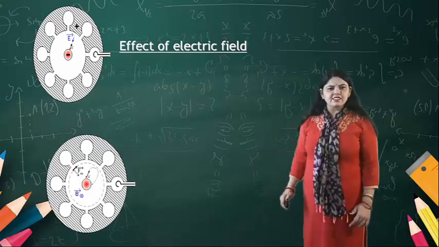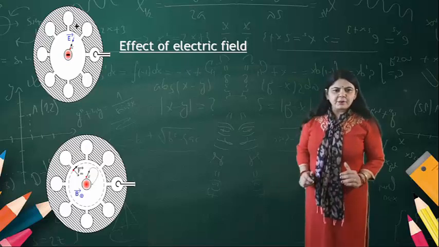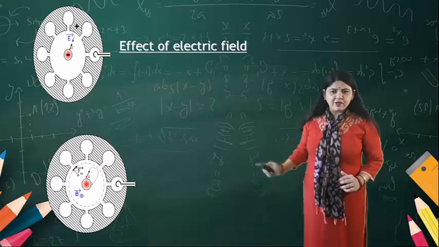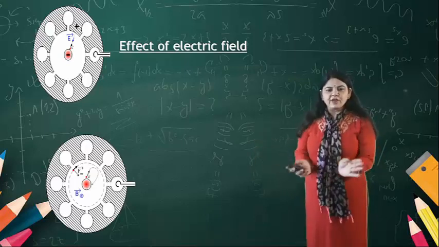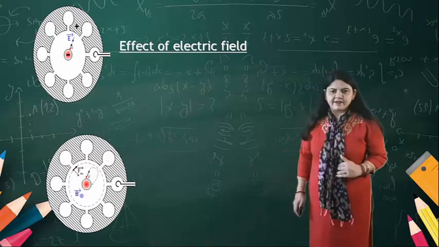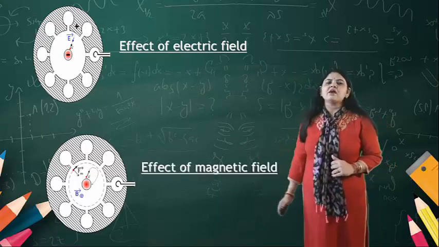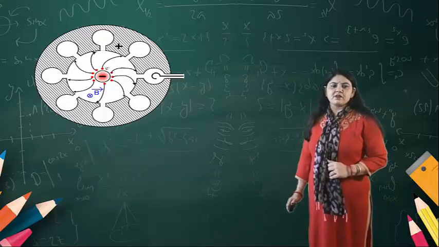The electric and magnetic fields are perpendicular to each other, and due to the magnetic field, the traveling electric wave can be bent. So here you can see the wave that is bent. It is the effect of the magnetic field.